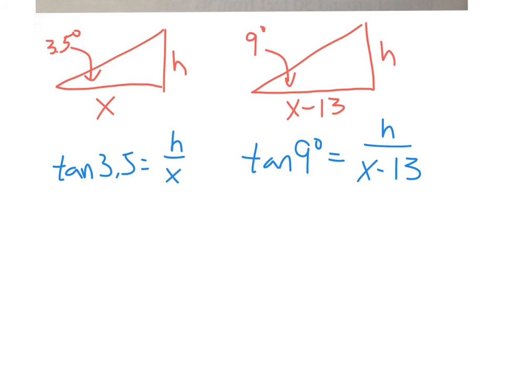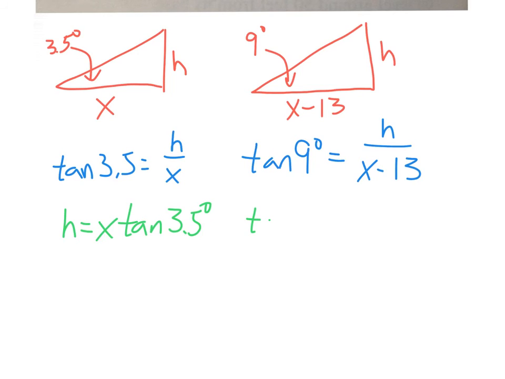Okay, and again, very similar to the other problem. I'm going to solve the easier equation for h, and so that would be this first one. So then I'm going to say that h equals x times the tangent of 3.5 degrees. And I'm going to substitute that into the second equation here.